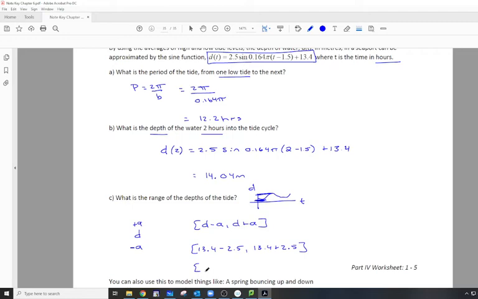Plugging that in, 13.4 minus 2.5 gives me 10.9 meters, so 10.9 meters is the lowest depth. And the deepest depth would be 13.4 plus 2.5, not times, gives you 15.9 meters. So the range of your tide is from 10.9 meters up to 15.9 meters deep.